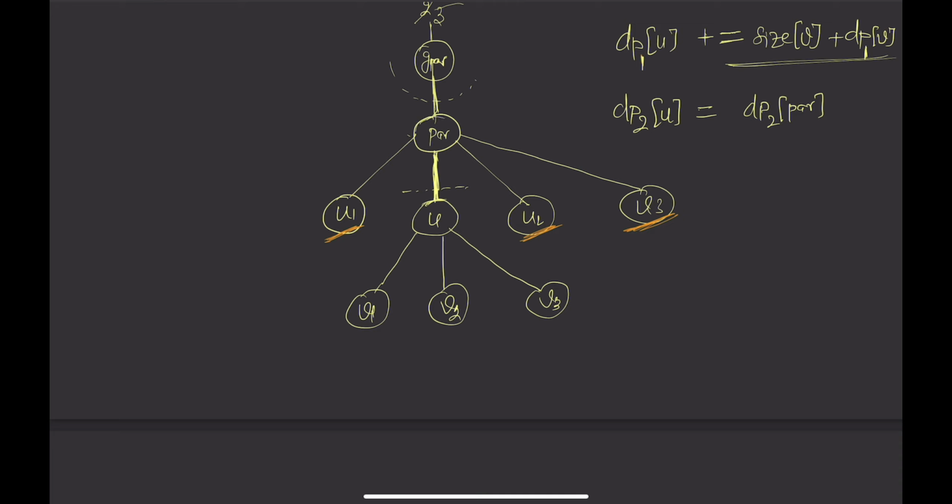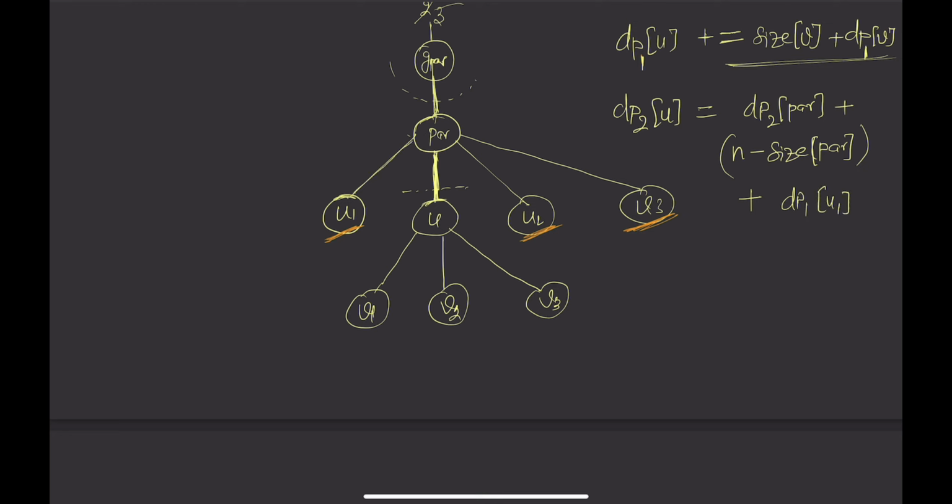That means this can be written as dp2 of parent plus the total size n minus size of parent, right? Plus the value I'm getting from u1, that means dp1 of u1.